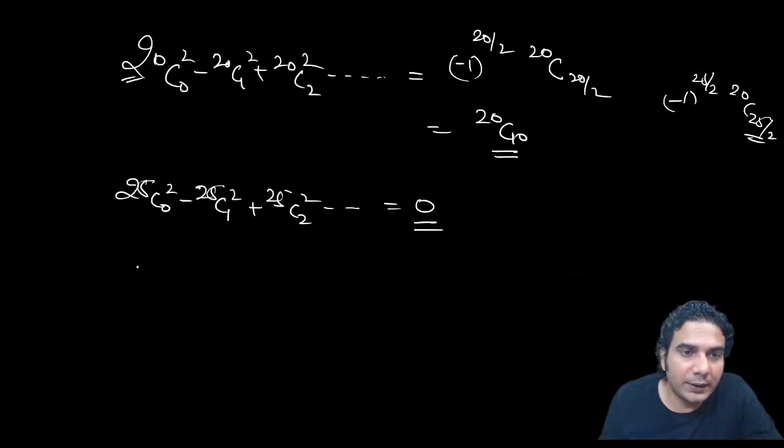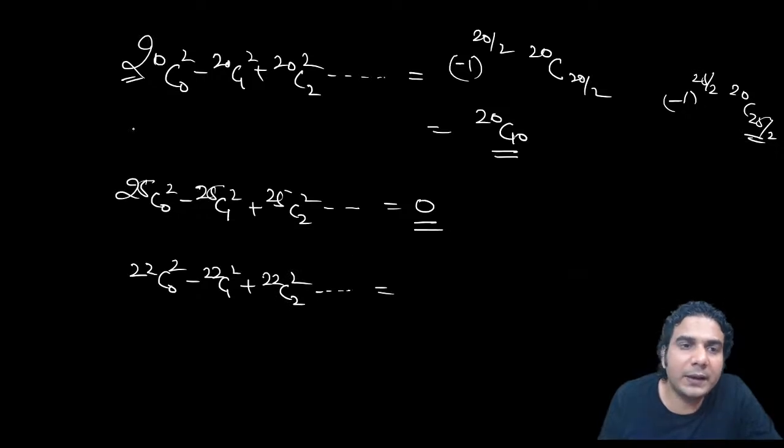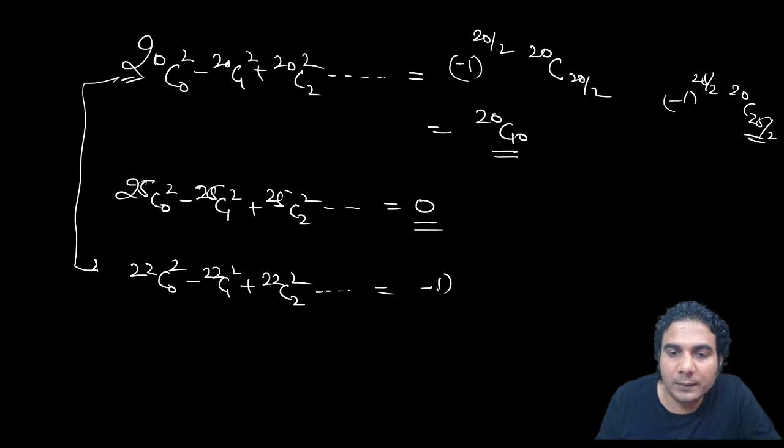So 0. Now suppose you have say 22C0 square minus 22C1 square plus 22C2 square. Why am I writing this? What is different in this from the first one? See what is different. Minus 1 raised to, it is going to be 22 by 2 and 22C(22 by 2).